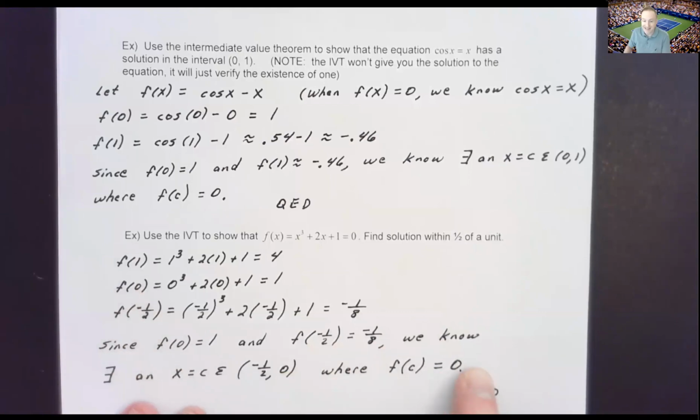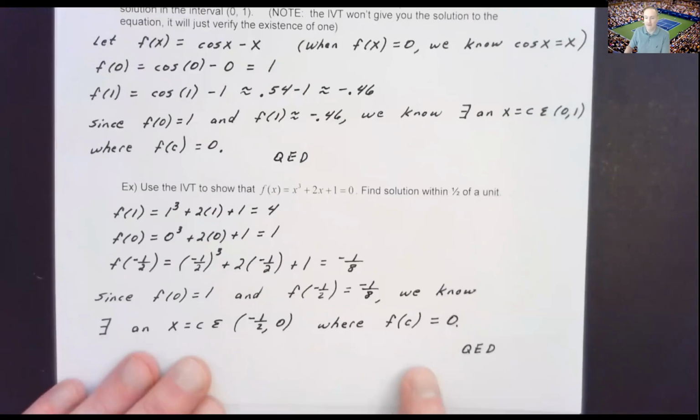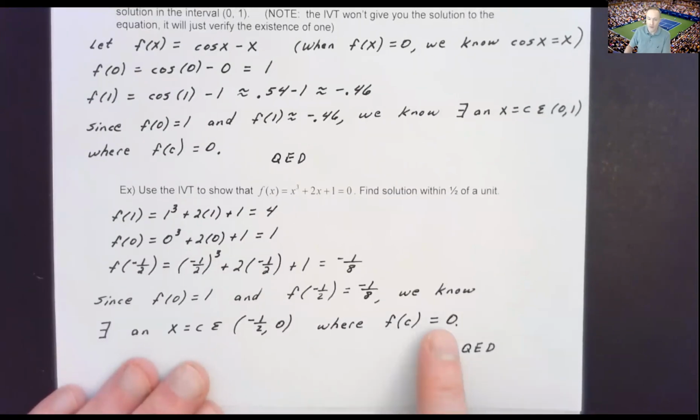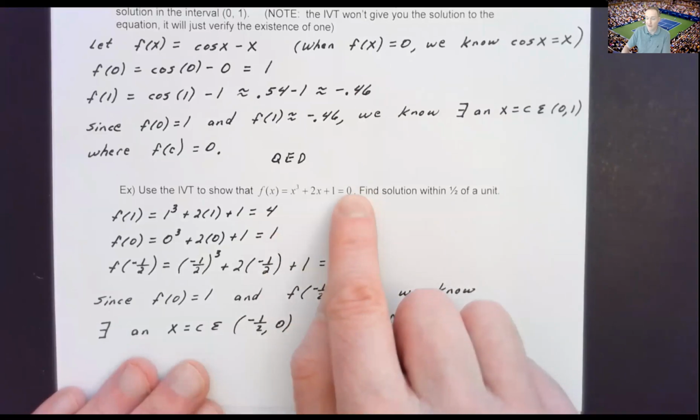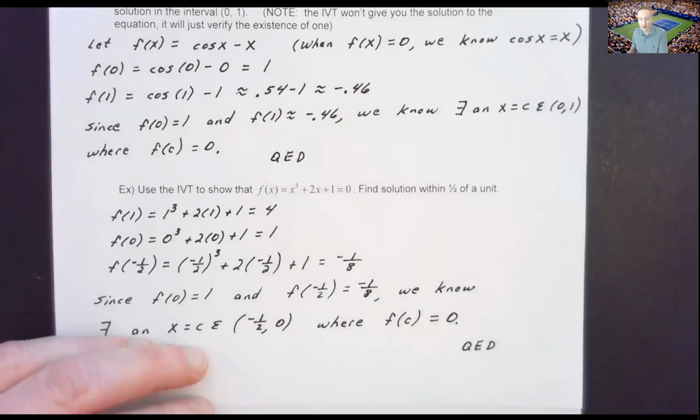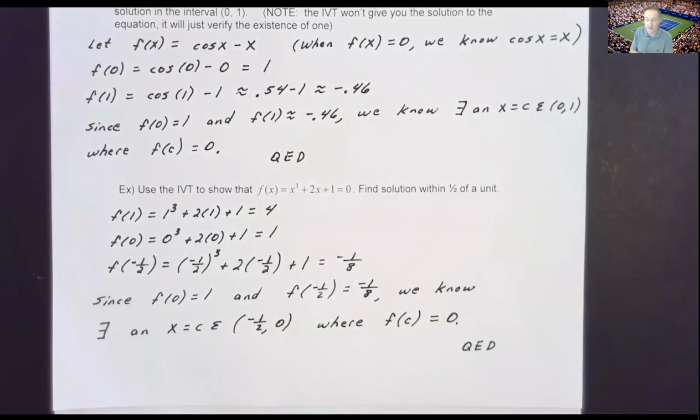And again, guys, that's guaranteed by the intermediate value theorem, because this x value gave you a negative y value and this x value gave you a positive y value. So there's some x value in between that's going to give you a y value of 0, and that's precisely what we were trying to show here. And this is thanks to the continuity of the function. This has to be true.